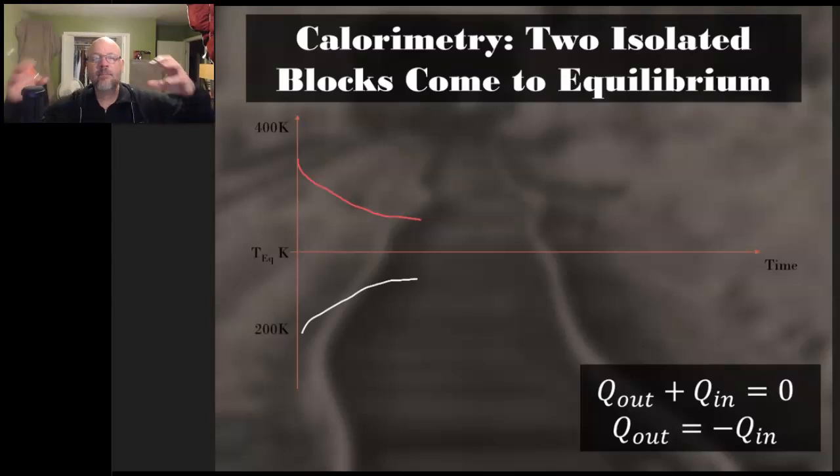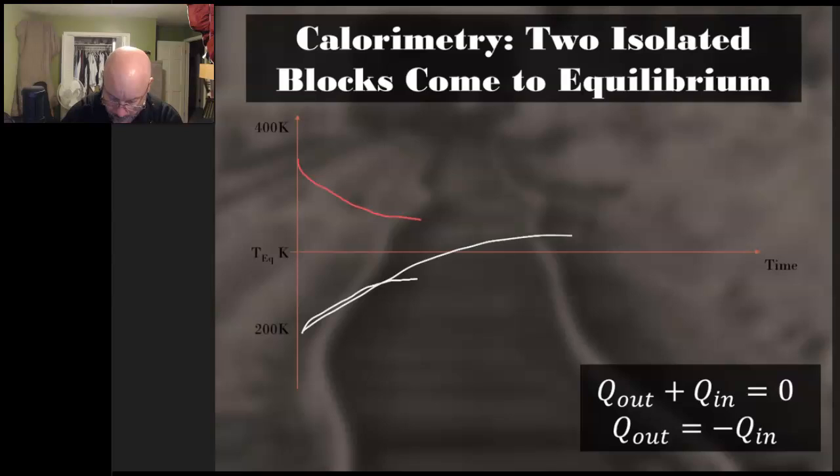Now, if we put them both in the same isolated container, like a styrofoam cooler, that kind of thing, then they're going to come to equilibrium at some point. And they're going to end up being the same temperature, all right? And that temperature is going to be the equilibrium temperature, just like that.